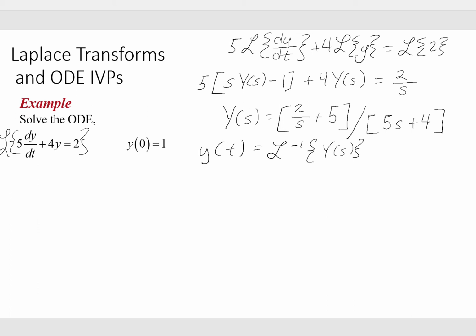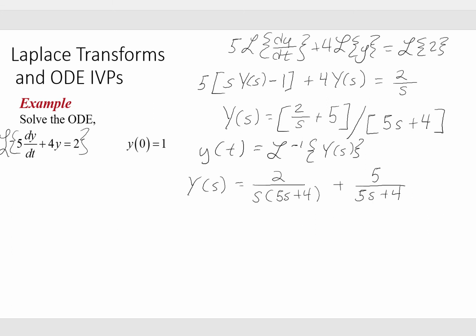So first thing I usually do is I'll go look at the table and see what's going on. So we see that the function Y(s) we can simplify a little into 2 terms, and it looks more like this: 2 over s times (5s plus 4), plus 5 over (5s plus 4).